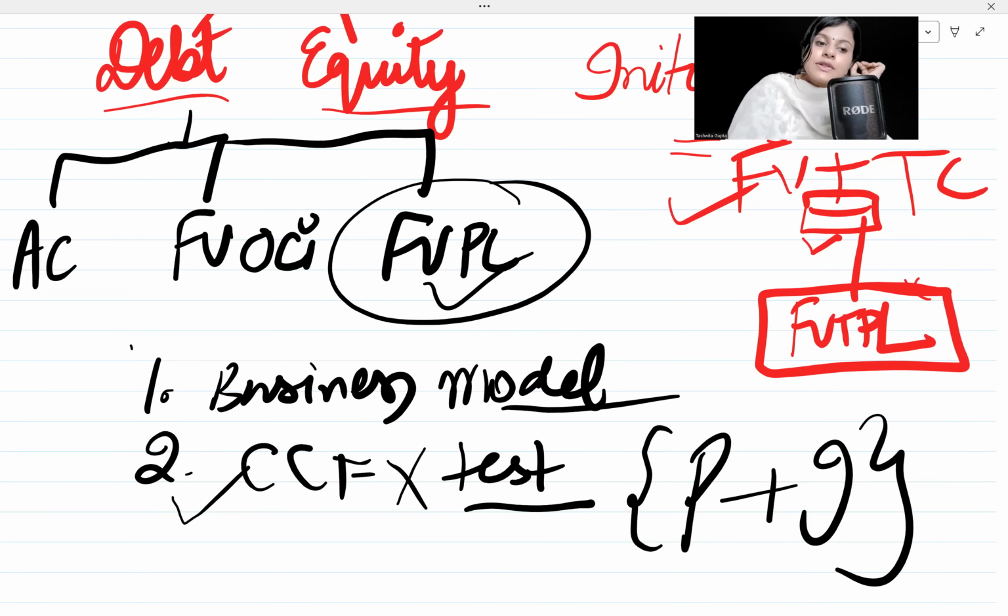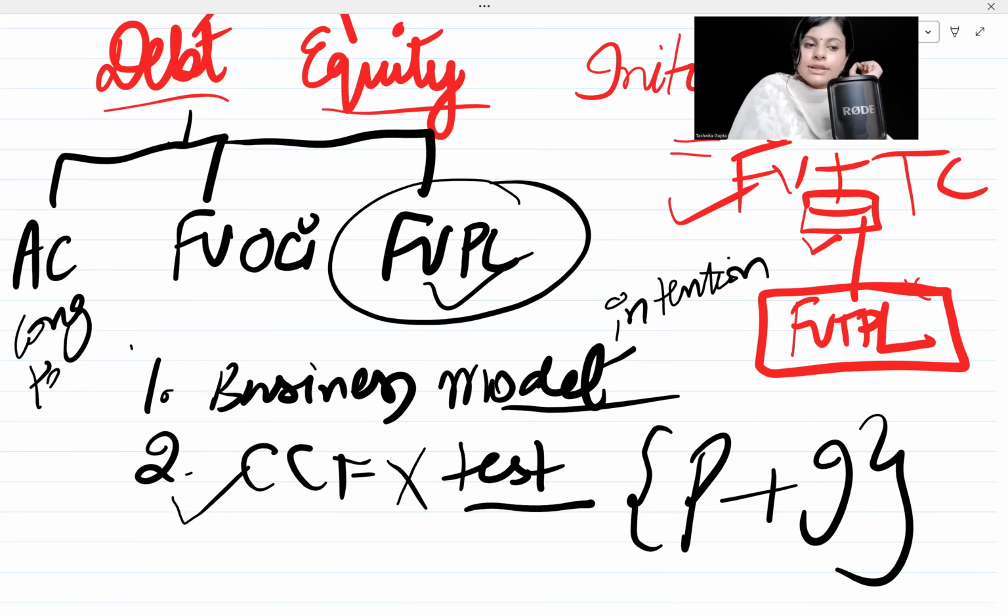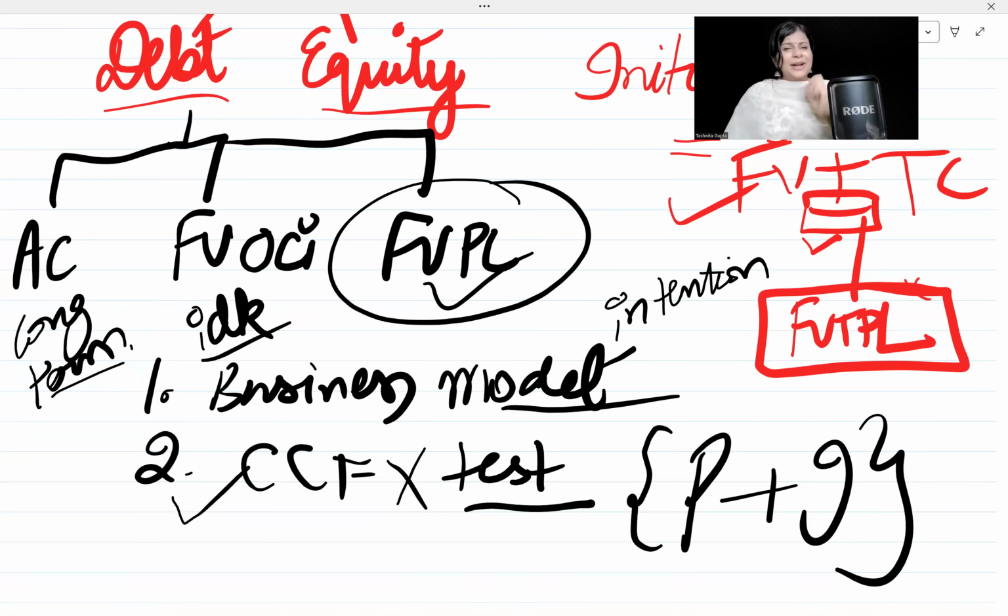Then you move to the business model, which talks about your intention. If your intention is long term, then you're going to keep it under amortized cost. If your intention is, I don't know, situationship, I might keep this asset with me, I might sell this asset, then you're going to keep it under fair value through OCI.